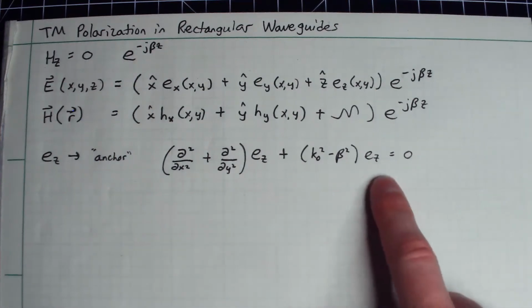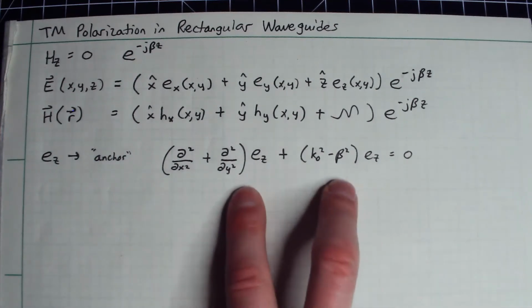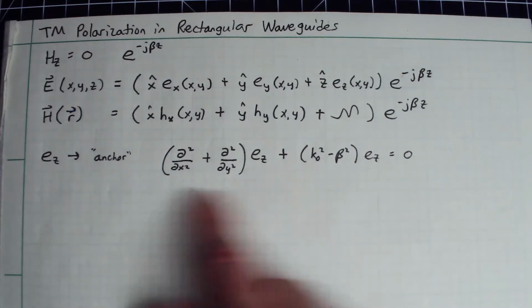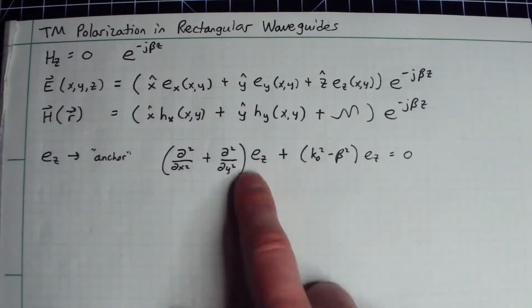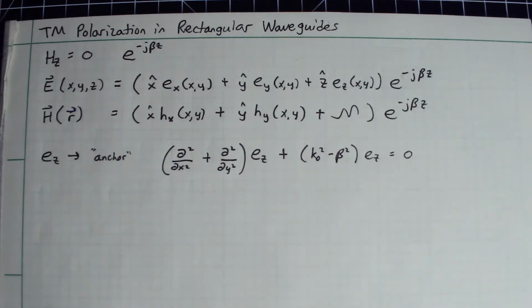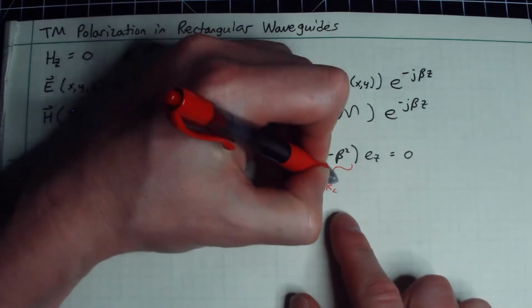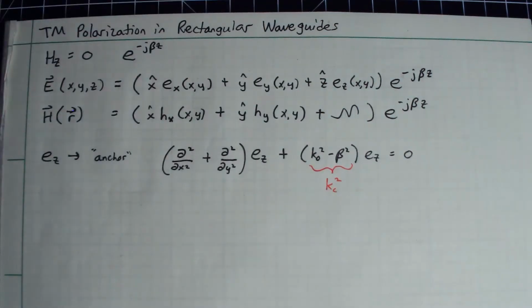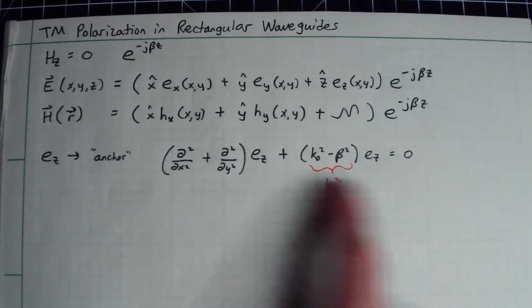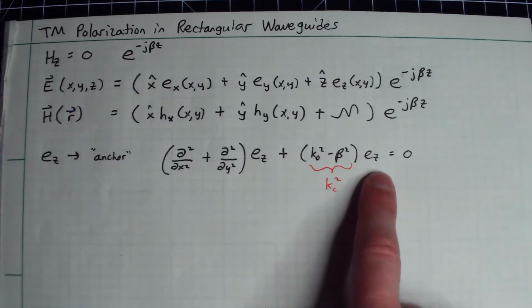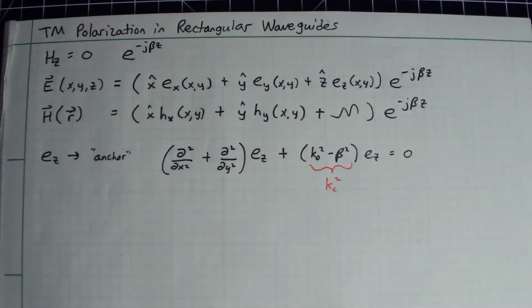So if you're wondering where that came from, remember we did the exact same derivation for TE polarization and we got this exact expression only with Hz here instead of Ez. So the exact same argument will apply. We're just putting these Ezs instead of the H. And of course, for convenience, this term here is given a name, k sub c squared, which is called the cutoff wave number, or the cutoff constant. So all we have to do is solve this equation here, and all of the other field components will follow.